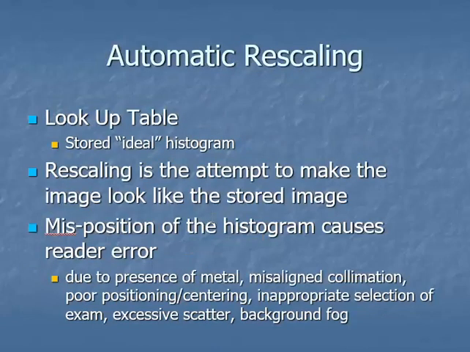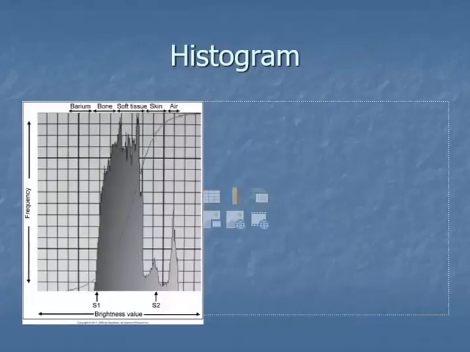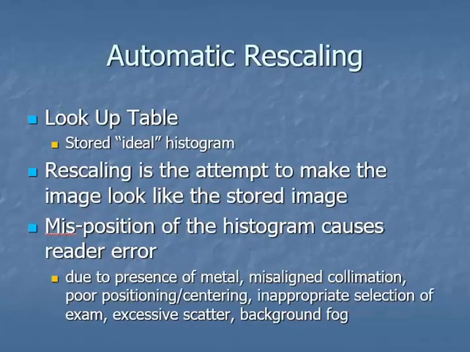If you have misaligned collimation, it can't make sense of that. In some cases, usually that's a CR issue. If you have poor positioning so that your histogram is looking for density in the center of the image and your density is off to the side, you may have a tough time making sense of that image.